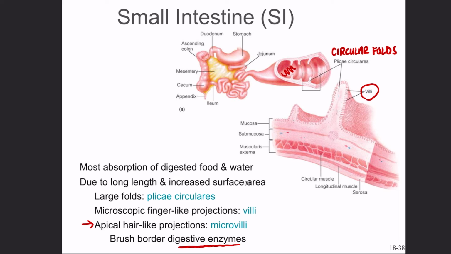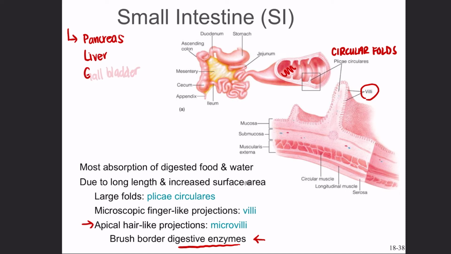And that is going to occur here in the small intestine using the digestive enzymes of the brush border of the microvilli, as well as, and this is going to be in the next video, the digestive enzymes of our accessory organs. So our pancreas, our liver is going to help out as well.